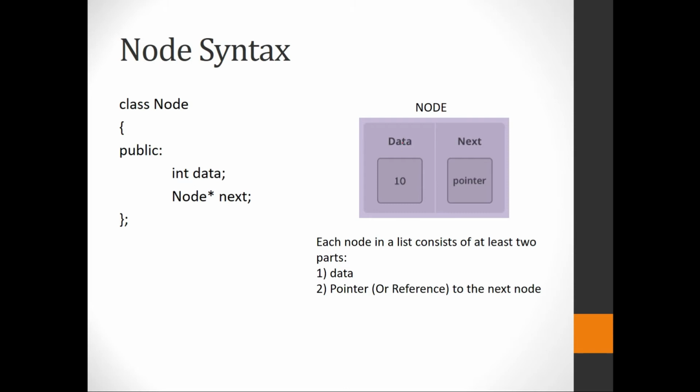So now data, I am giving int data. Now since this is going to be a pointer, I am using node star next, which means my next is understood to be a pointer. It is pointing to the class node. So this is how I write the syntax of this particular node.